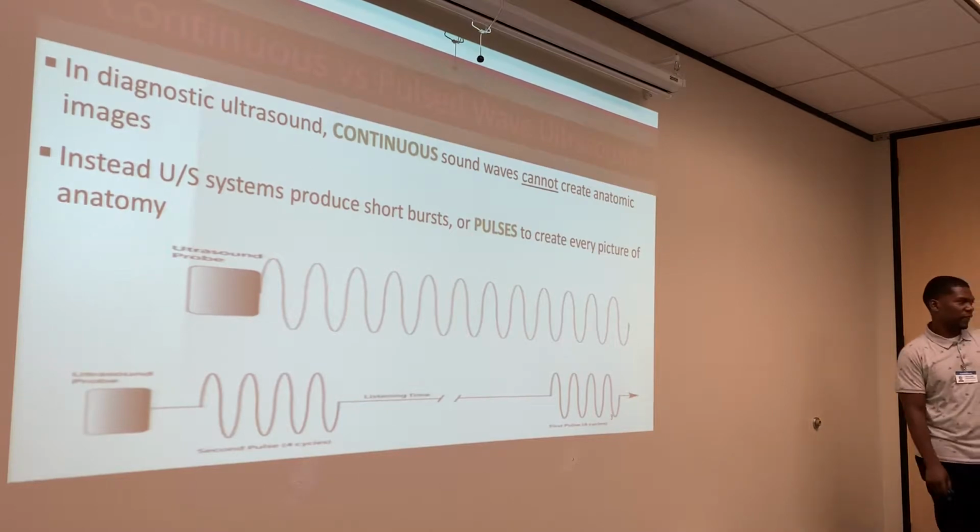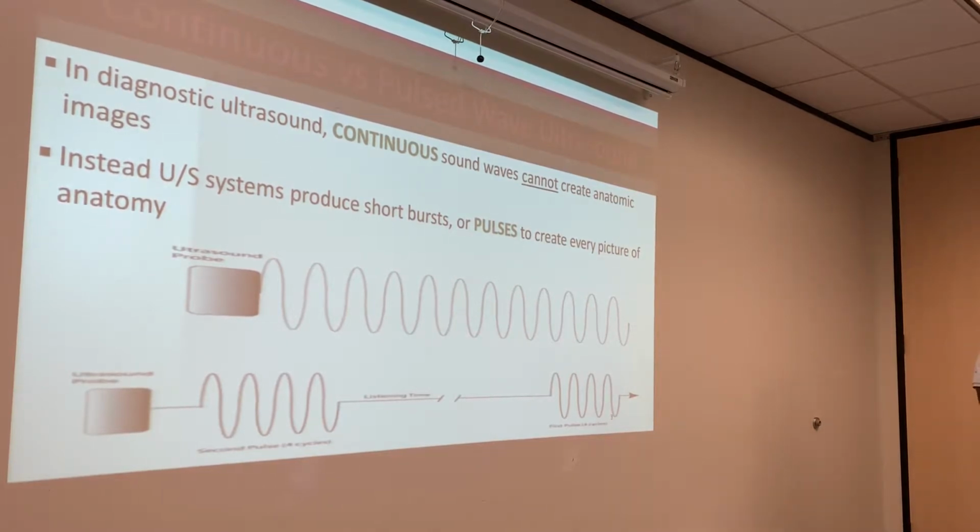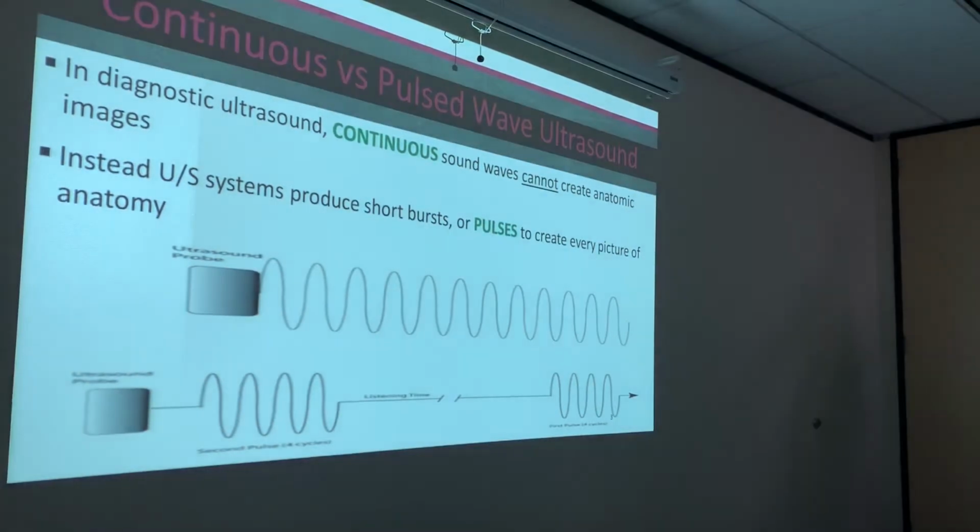So, continuous versus pulse wave ultrasound. I already drew this up here, guys, but in diagnostic ultrasound, continuous sound waves cannot create anatomic images, which is why the little pencil probe can pick up Doppler signal. We use that a lot when we're doing transcranial Dopplers.